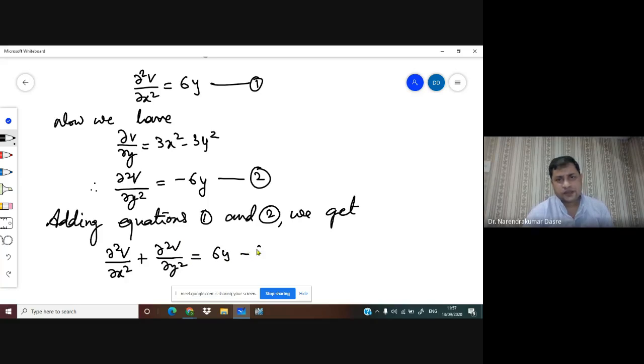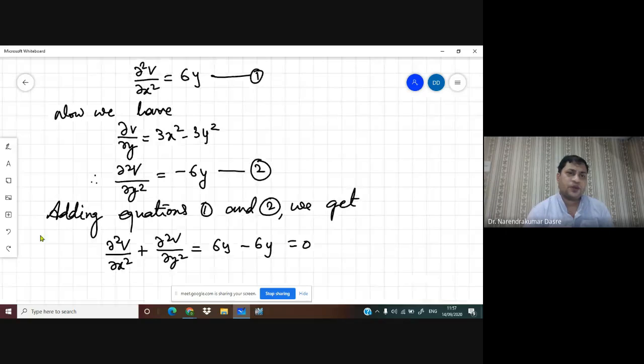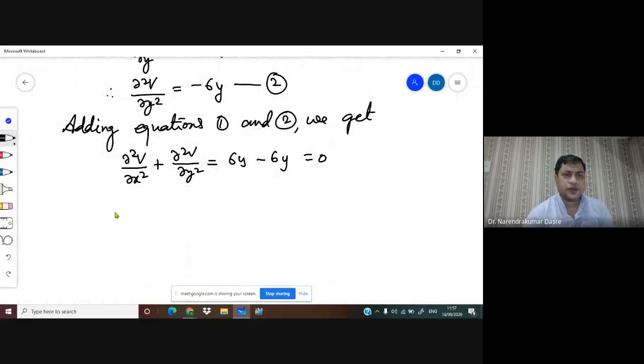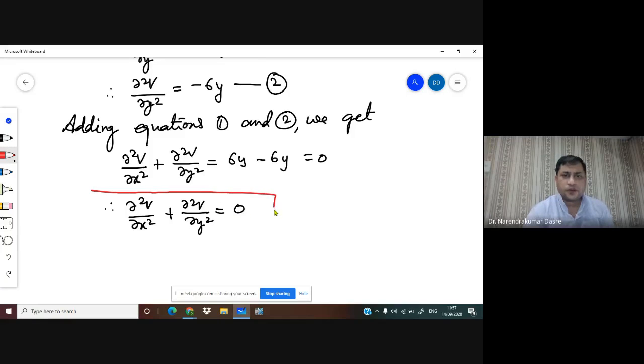So it is going to be 6y minus 6y, which is 0. And hence we proved that double square v by double x square plus double square v by double y square is equal to 0.